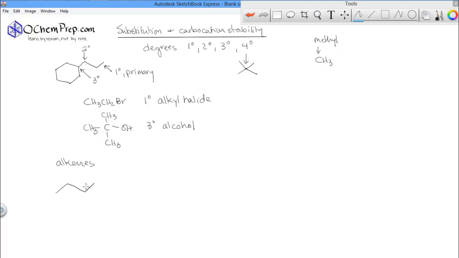If I have an alkene like this, where the double bond is only attached to one other carbon, this is called monosubstituted. If I have my alkene attached to two other carbons, like this or like this, then this is disubstituted.